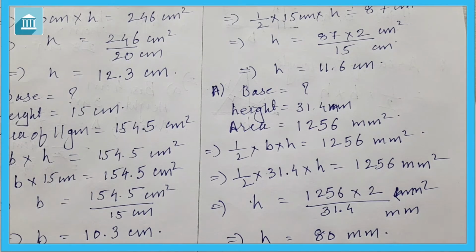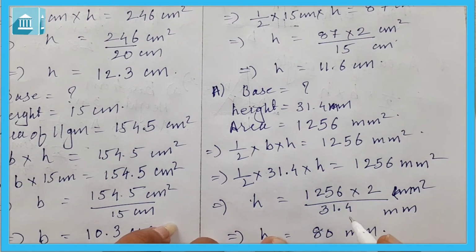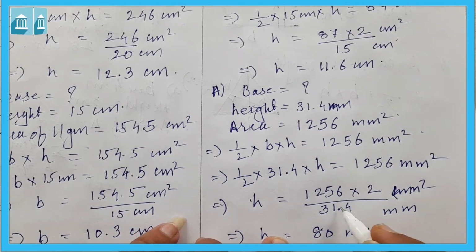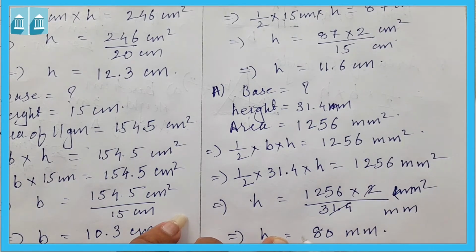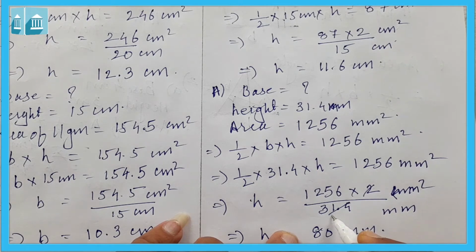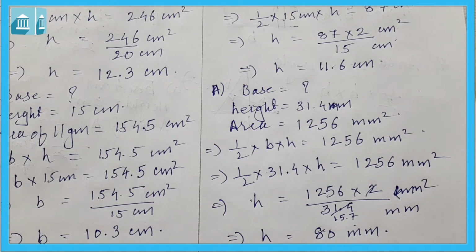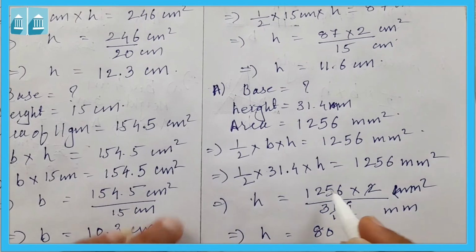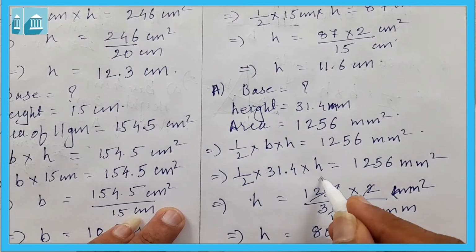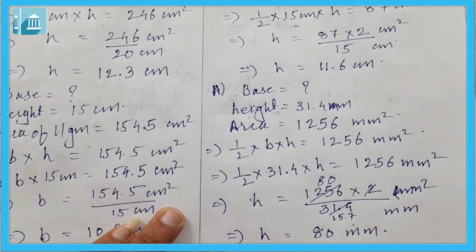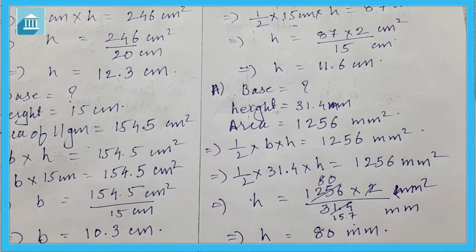Let us cut it. If we cut it then it will be 157 into, if we get 8 then it will be 80, so it will be 80 millimeter.